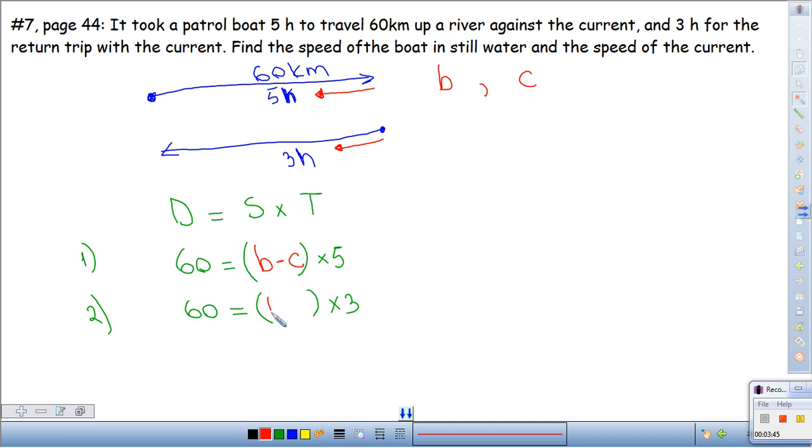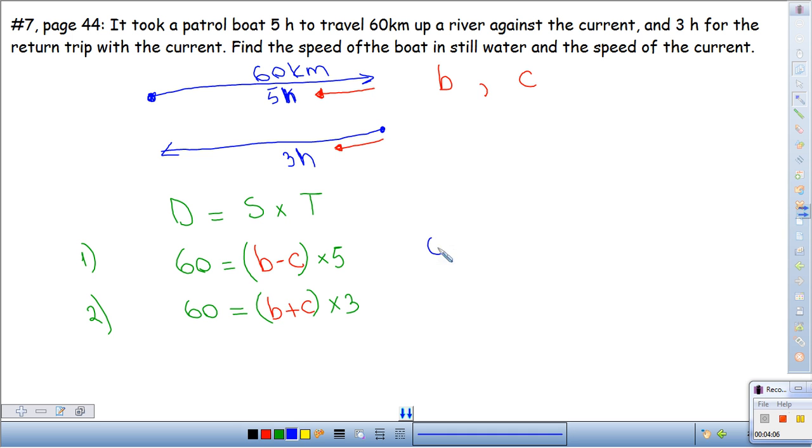So then to the speed of the boat, I'm adding the speed of the current. Well, now I have two equations forming a system, and all I have to do is make sure that I can expand this side of each equation. So let's see how we do that.